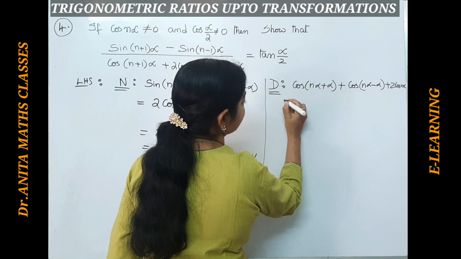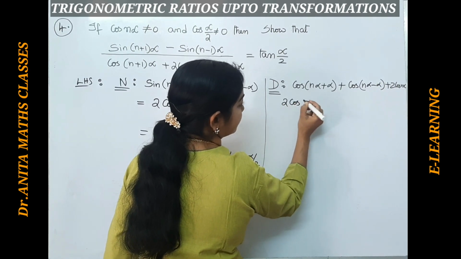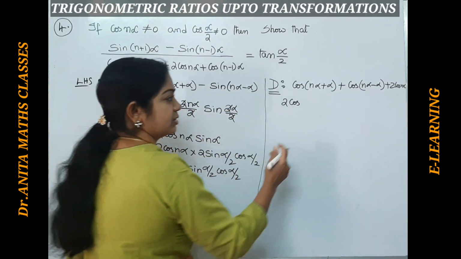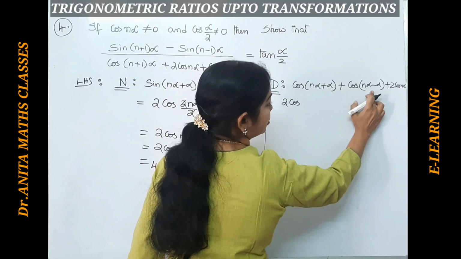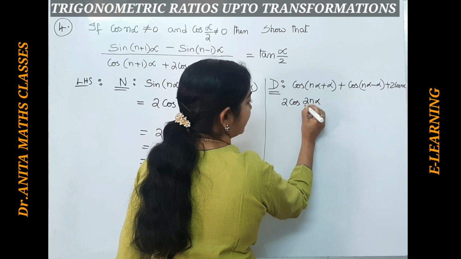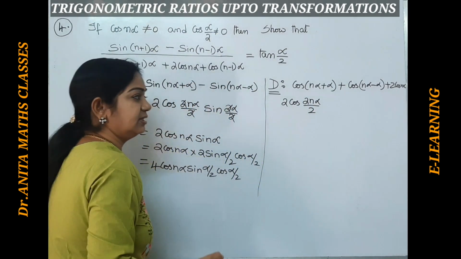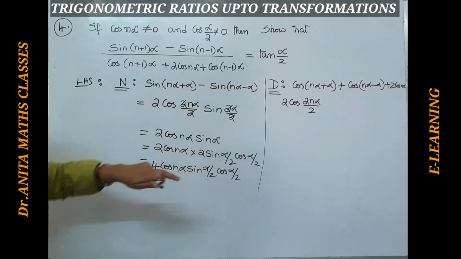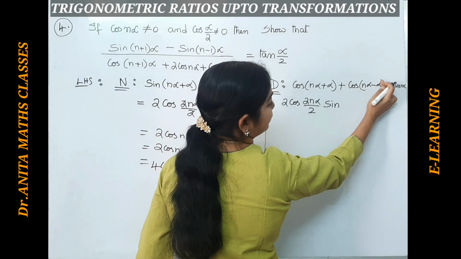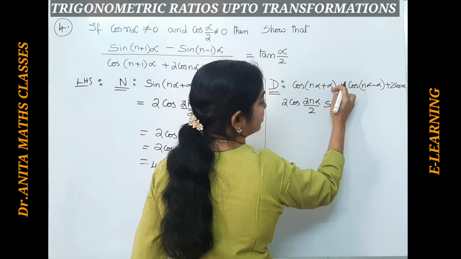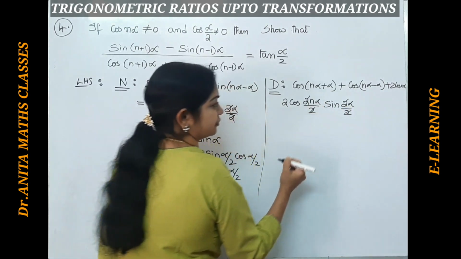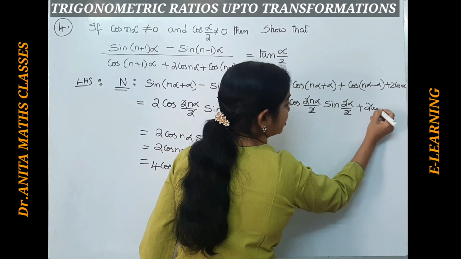So cos and cos gives 2 cos((A+B)/2) cos((A-B)/2). Adding these two, n alpha and n alpha go off as 2n alpha by 2, and subtracting, alpha goes off, so 2 alpha by 2. So 2 goes off, 2 goes off. Plus again another term, cos n alpha is there.